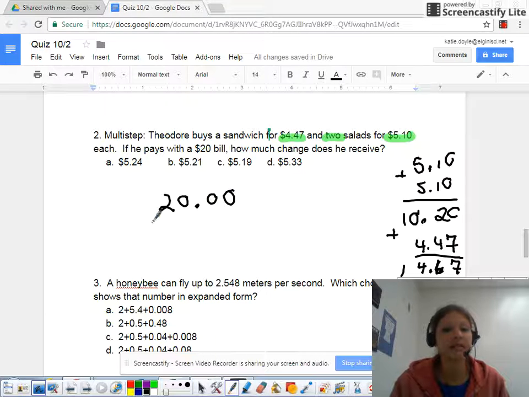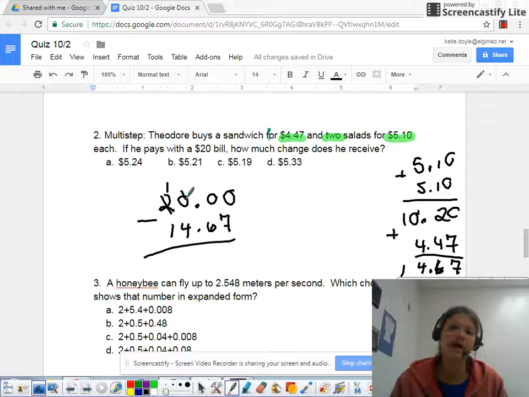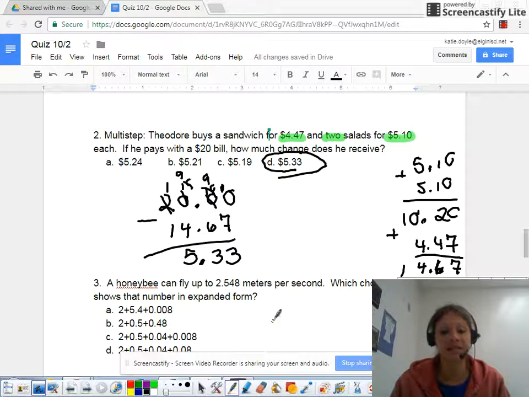We have $20, so you're going to subtract. This becomes a 10, which we turn into a 9. This becomes a 10, which we turn into a 9. This stays a 10 because there's nothing else to bring. So $5.33 is our answer.